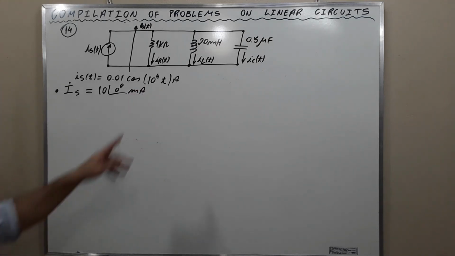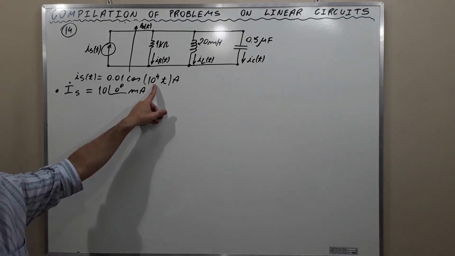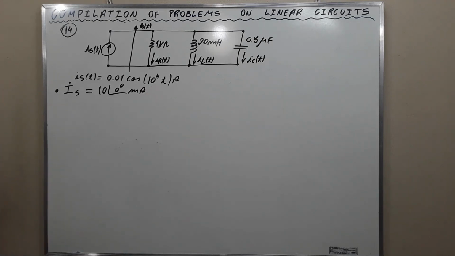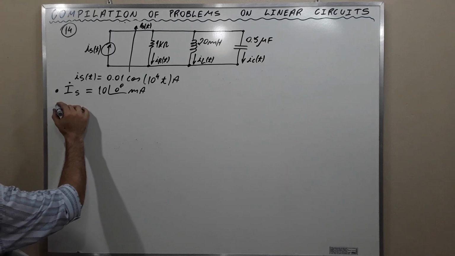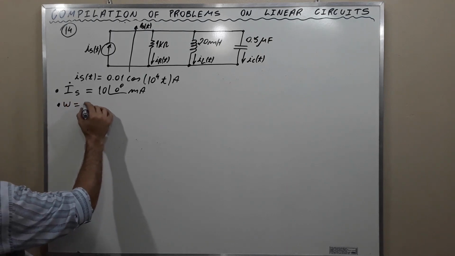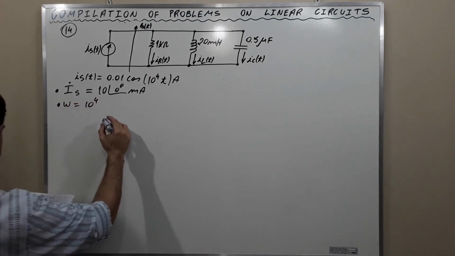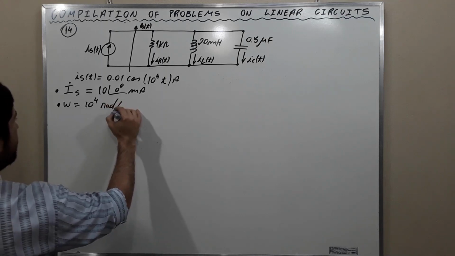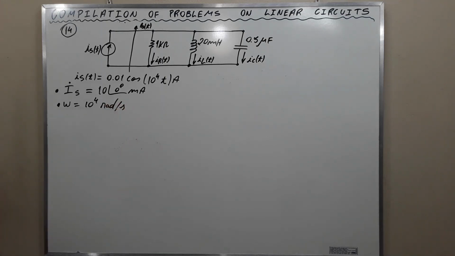Observe that the angular velocity is 10,000 radians per second, W is equal to 10 to the 4th radians per second. With the value of the angular velocity, W, we can calculate the impedance of the capacitor and the impedance of the inductor.